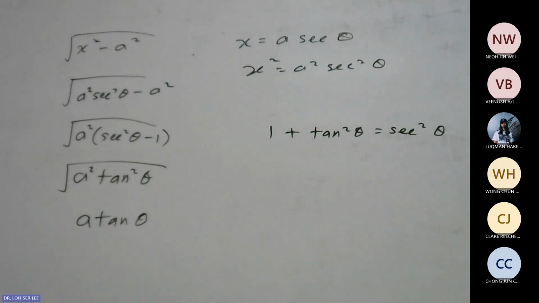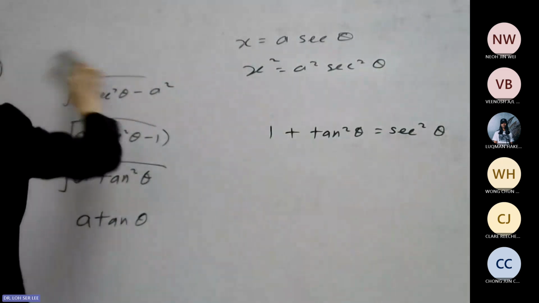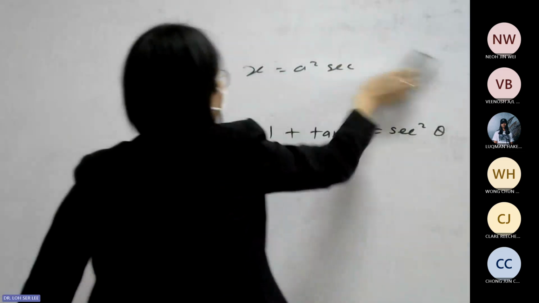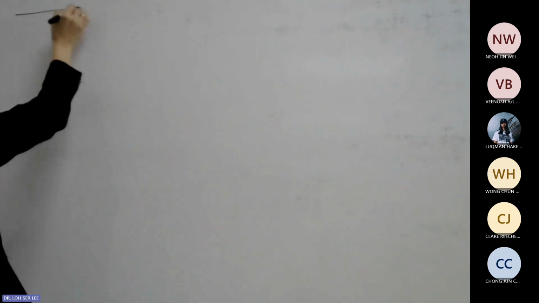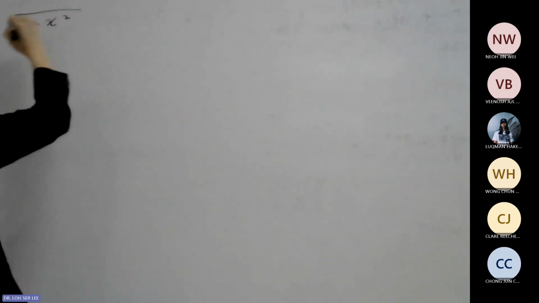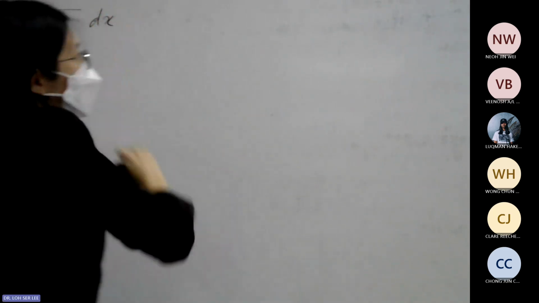Now we look at the first example. This one I also write on the board: the integral involving 4 minus x squared.